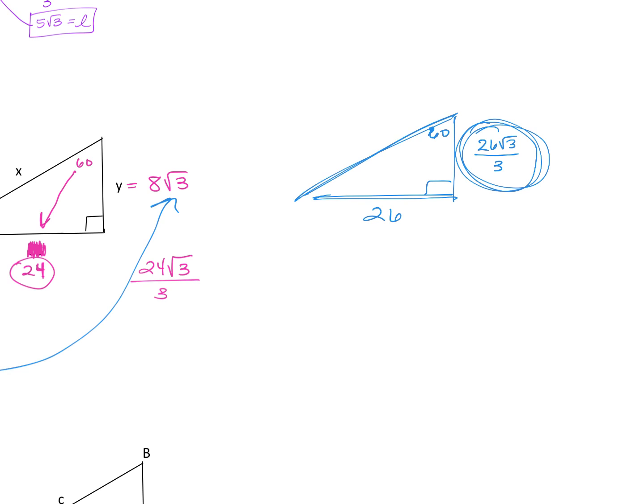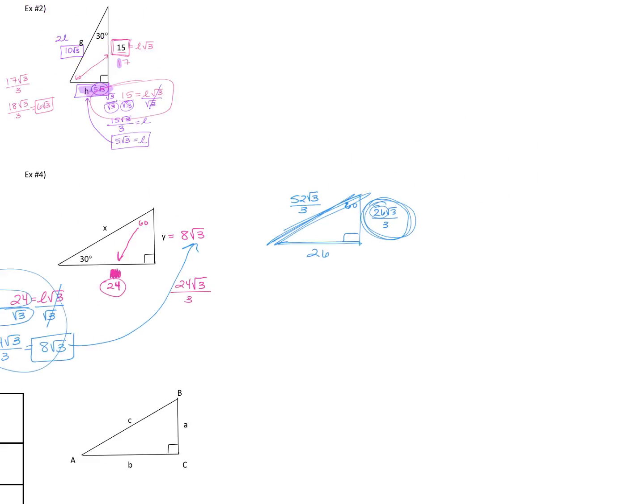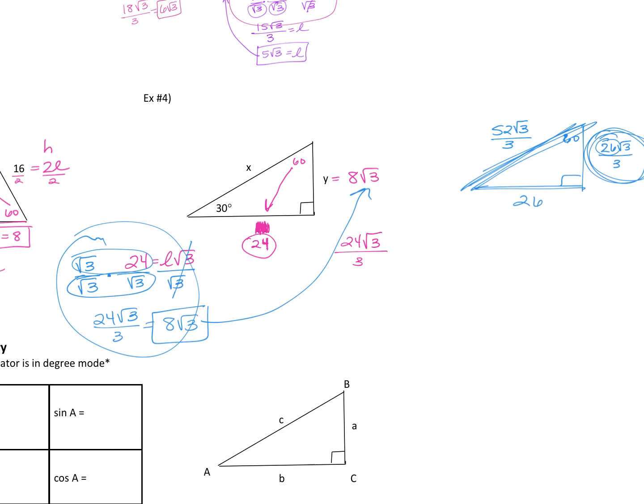And then if you had to do the hypotenuse on that one, you're doubling. So 26 times 2 is 52 times rad 3 divided by 3. So the only thing that would change was the 26 times 2. Then you still leave the rad 3 divided by 3. Okay, last thing on this one.